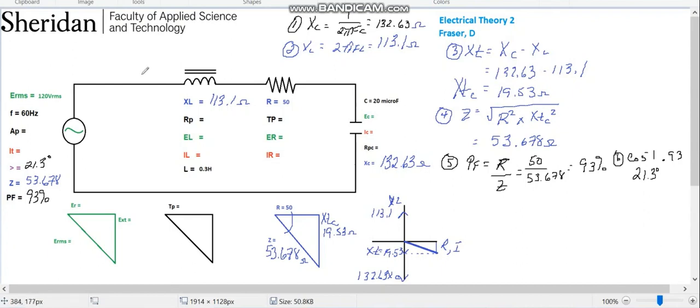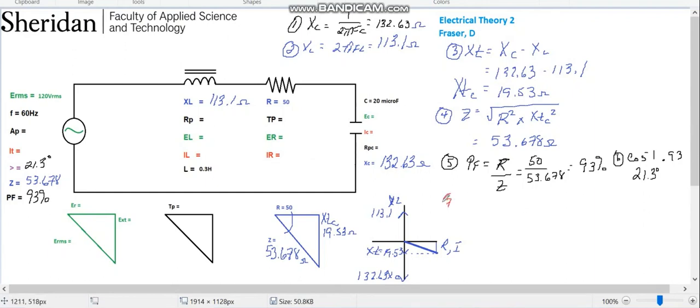All right. So now we've got our impedance. We can start finding out our other values here. We can find our current, and because it's a series circuit, we can find our currents here. So why don't we find our total current?